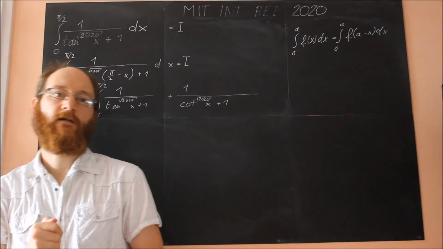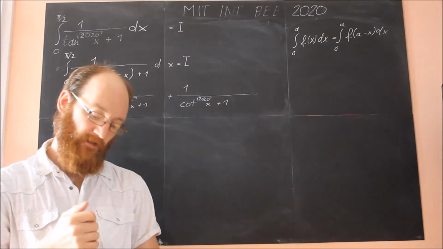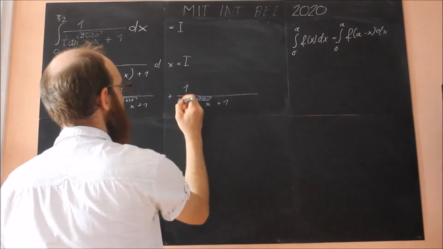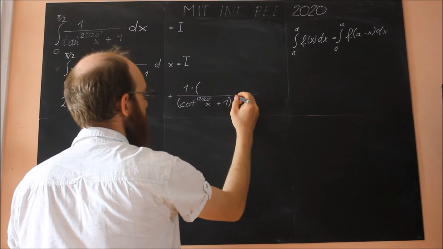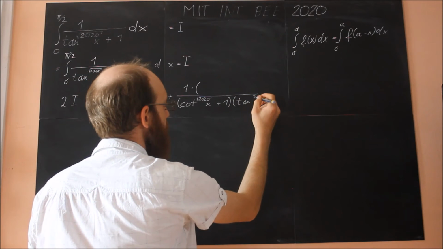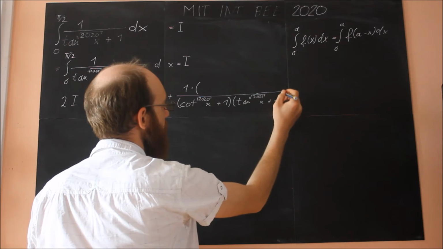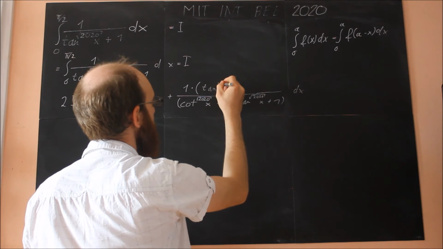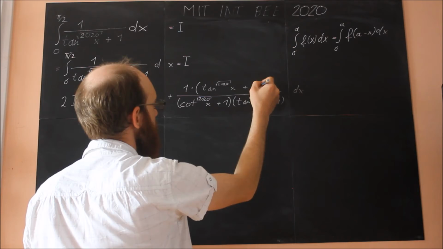And now what I would like to do to add them up, we need the same denominators. And because of the relation between tangent and cotangent, it makes sense to extend the second fraction with tangent to the power root 2020 of x.